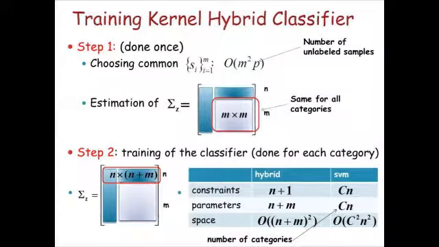And again, the number of parameters you have to find is much, much smaller. If you have n positive examples from every category and C is the number of categories, then for standard SVM, you have C times n vectors and constraints to handle, but here we don't.